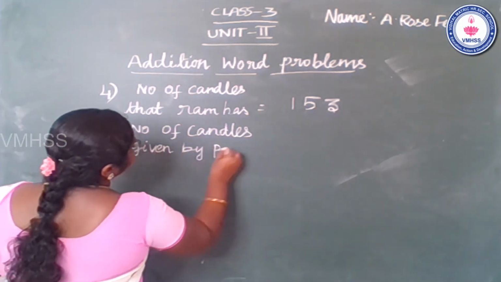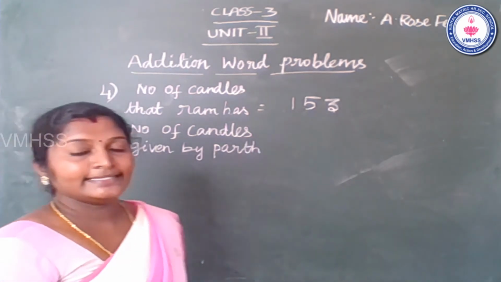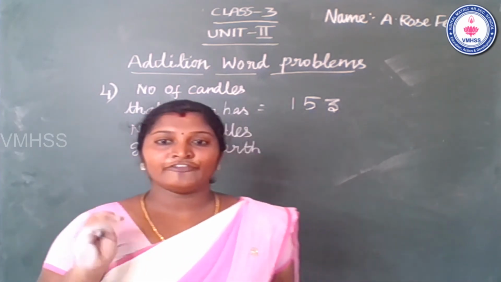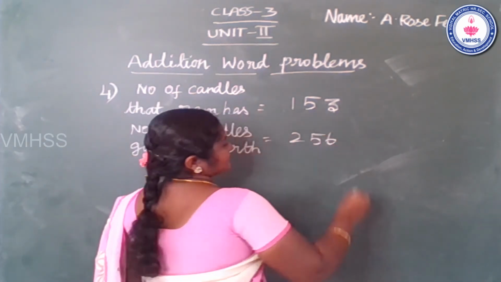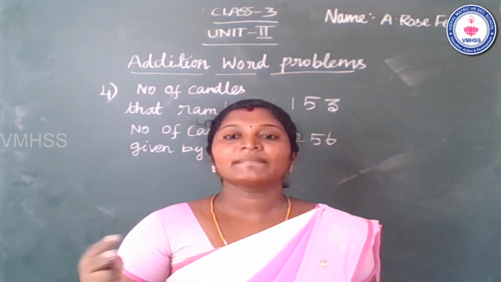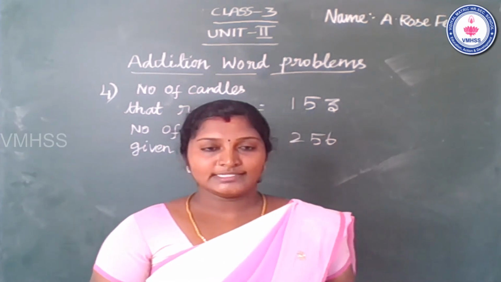Read the third line. How many candles? 256. Read the last two lines. How many candles does Ram have now? So total. It's also total.